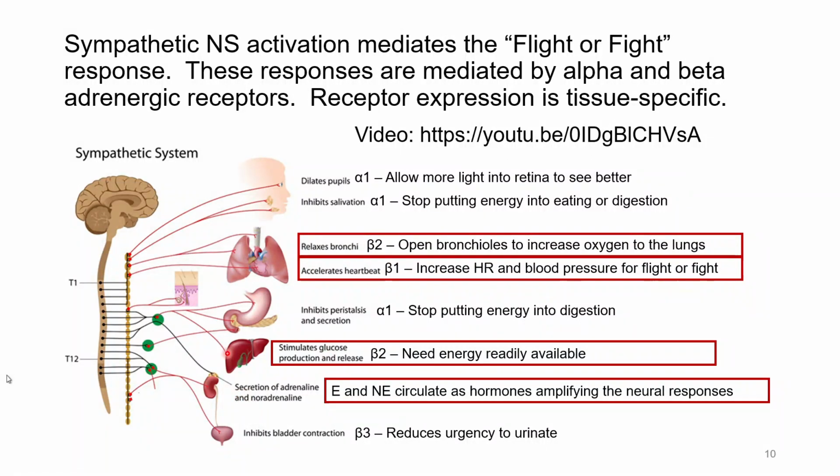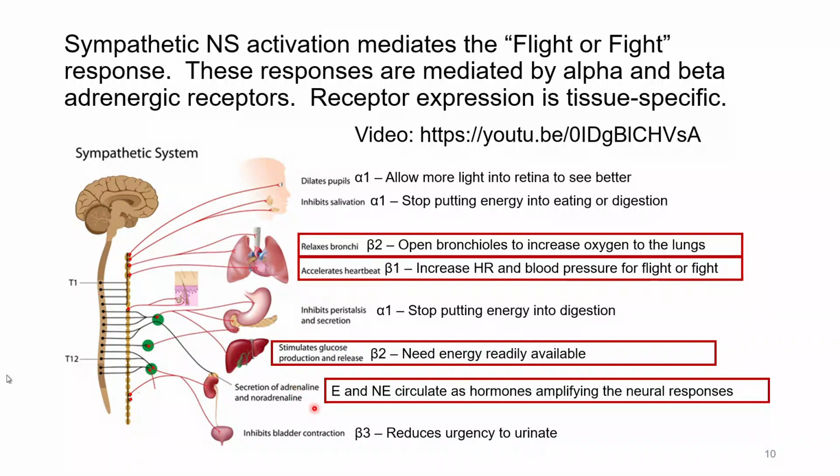If we look down here, in order to get out of the burning building, you also need energy in the form of glucose getting out to your muscles. So norepinephrine is going to be binding to beta-2 receptors on the liver to stimulate the release of glucose via glycogenolysis, breaking down glycogen to glucose.